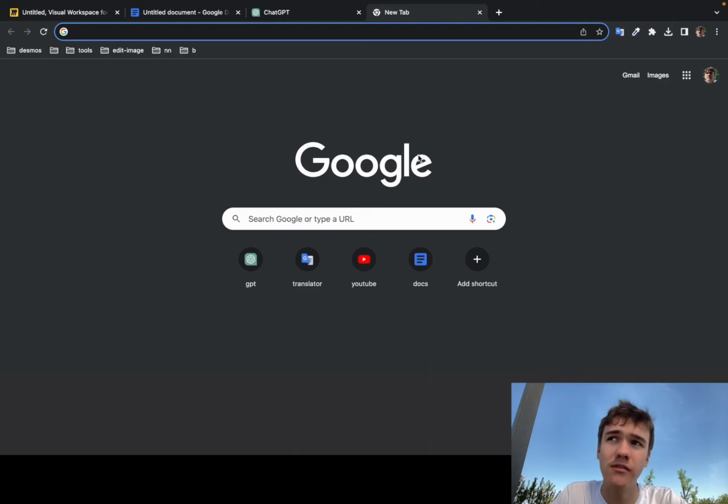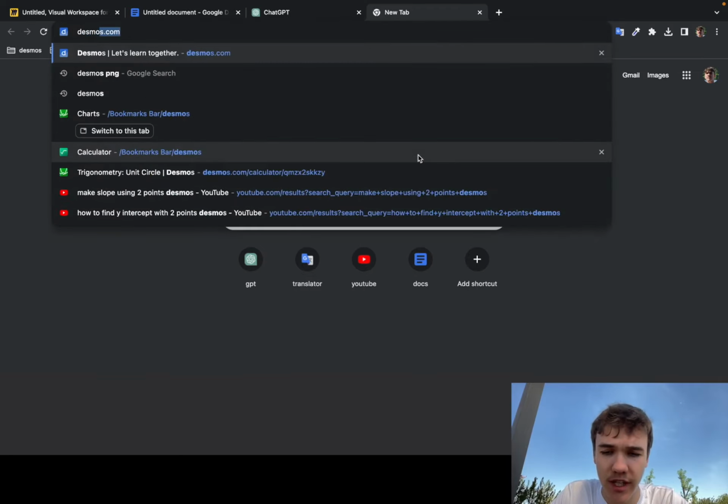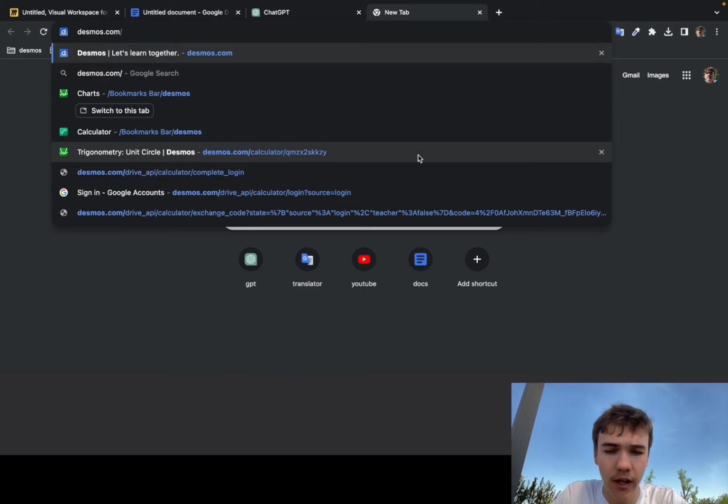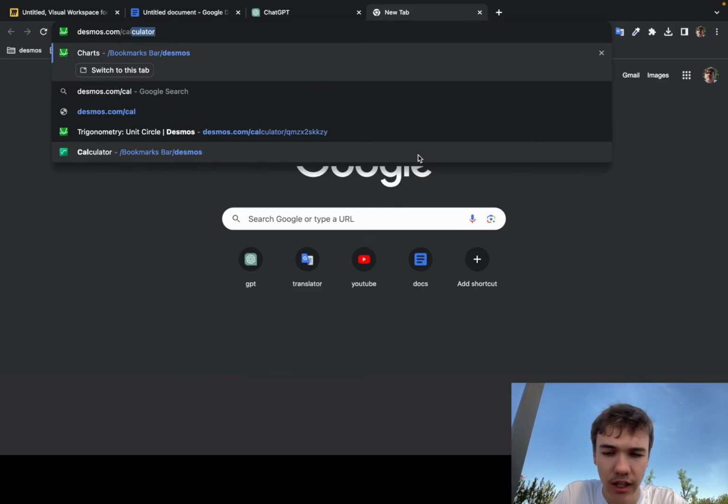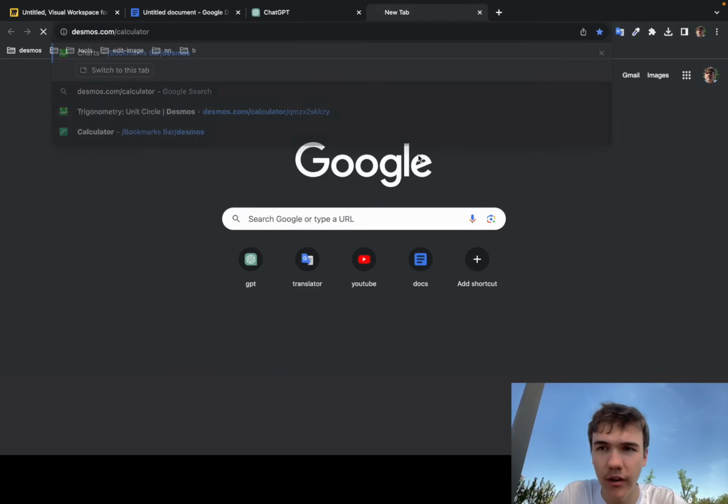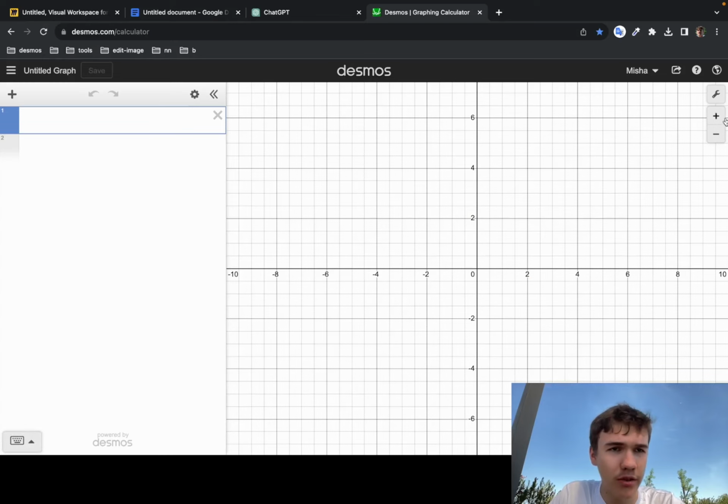Now let's dive into how we can construct the derivative, and how all this works. So I'm going to use desmos.com/calculator. Okay, and now we have our Desmos. Let's make some default settings.